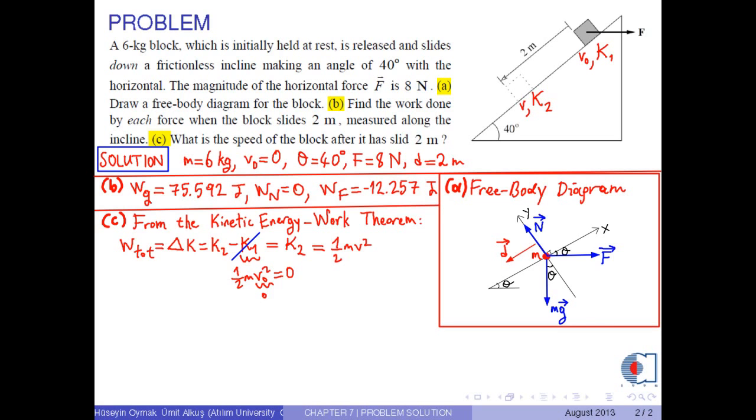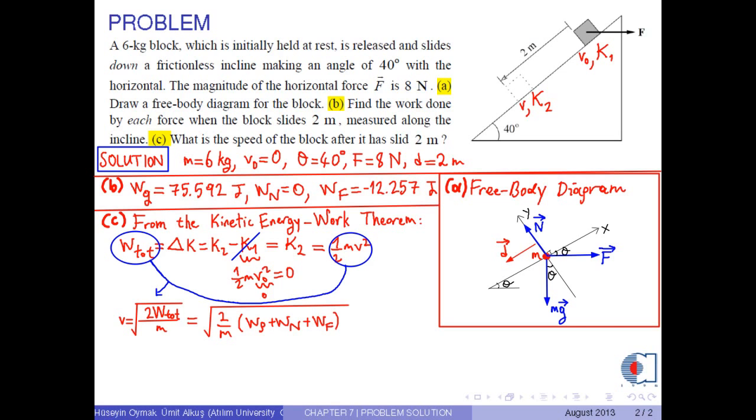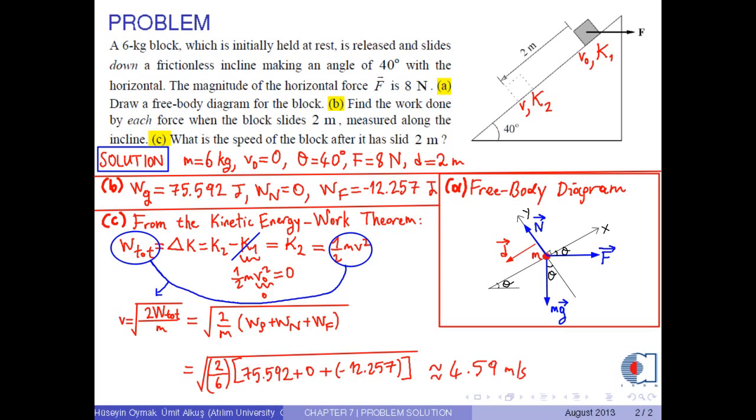From this equation, we can have an expression for the speed. Here, W total is Wg plus Wn plus WF. With the corresponding numerical values, we obtain the speed of the block after it has slid 2 meters as approximately 4.59 meters per second.